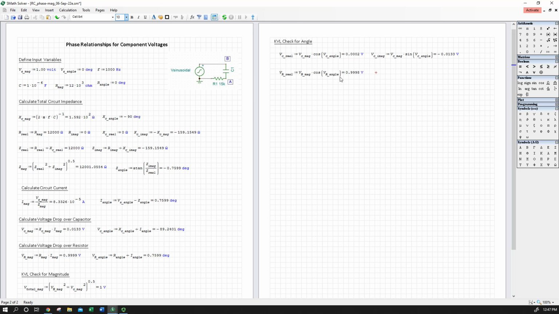So the voltage drop over the resistor is mostly real, because again of our high frequency, that's reflecting most of the drop in the circuit. But it does have a component of imaginary because the current does. So we're going to say VR imaginary equals VR mag, see, I'm applying my trig, sine and cosine, times sine of the subscript r angle.